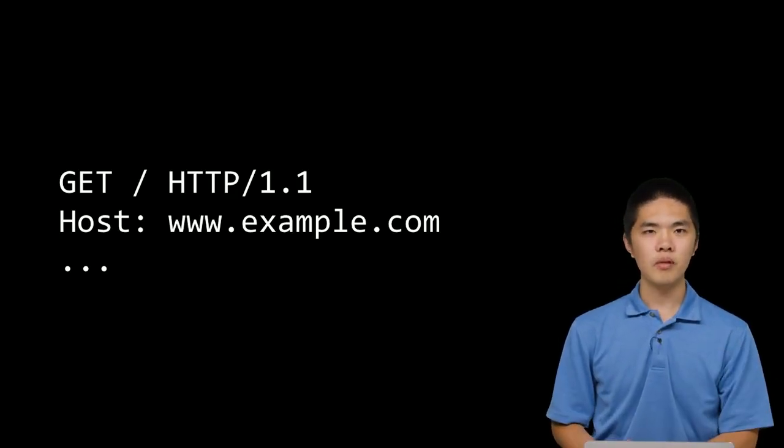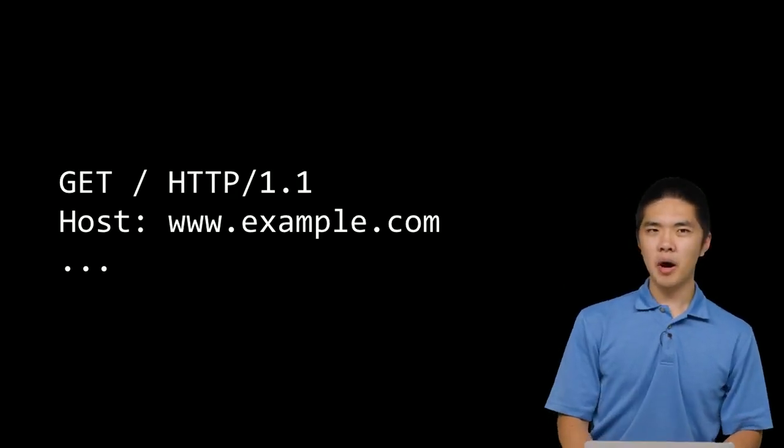And there's more information that comes in the request other than that, but the key idea here is that I am trying to get a page from a particular host. I specify what page it is that I want to access, in addition to specifying which version of the HTTP protocol I'm using in order to make this request to the website.